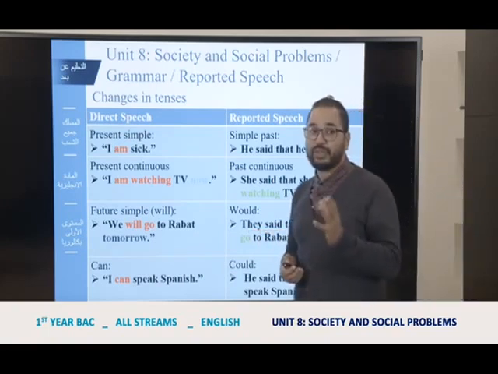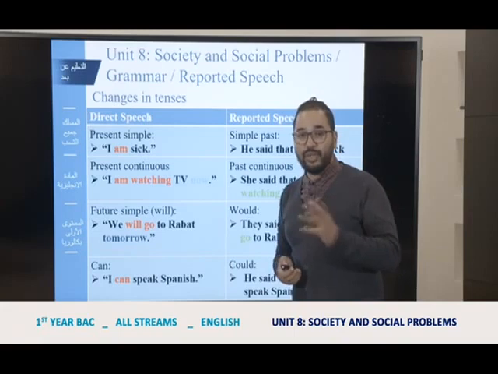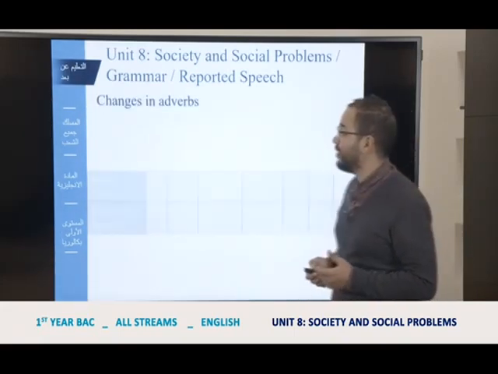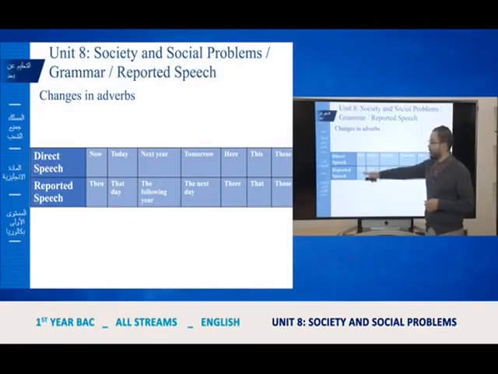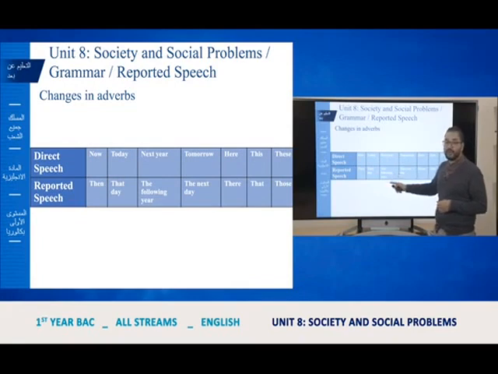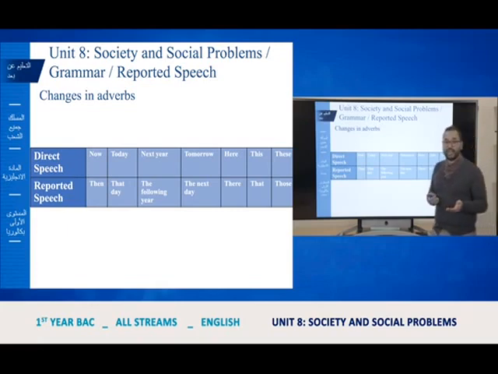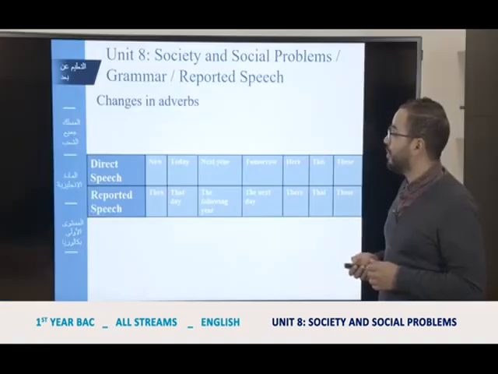So as we said, we not only change the tenses, we also change the adverbs: now becomes then, today becomes that day, next year becomes the following year, tomorrow becomes the next day, here becomes there, this becomes that, and these becomes those. So we change the time expressions, adverbs of time and place, and also the tenses.